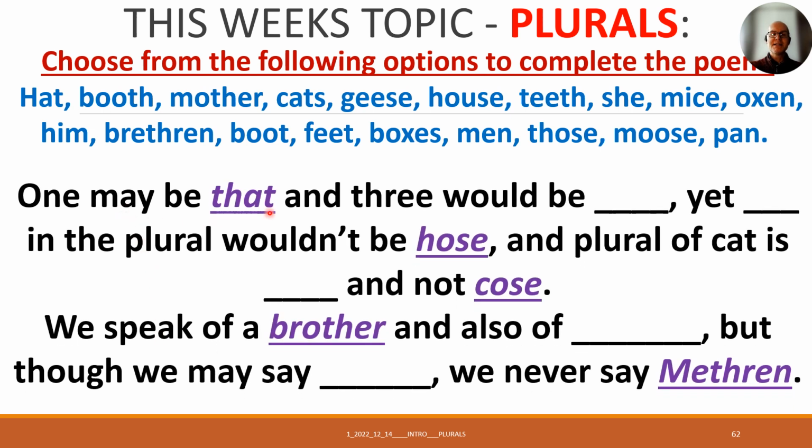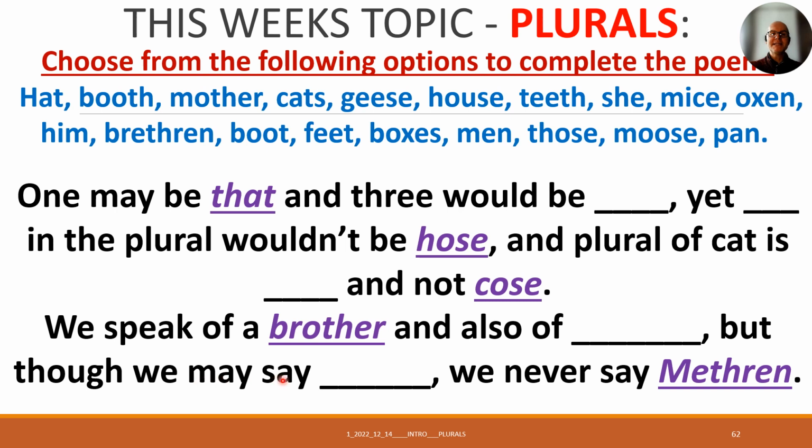One may be that, and 3 would be blank. Yet blank in the plural wouldn't be hose. And plural of cat is blank and not cause. We speak of a brother and also of blank.